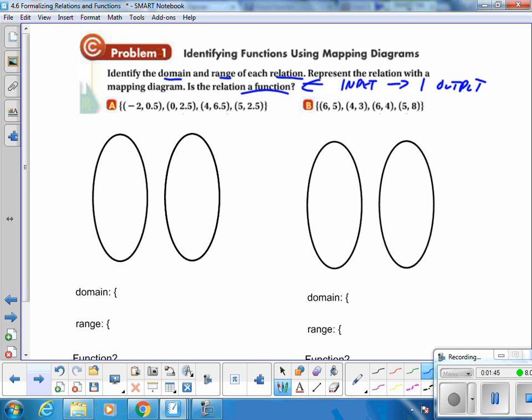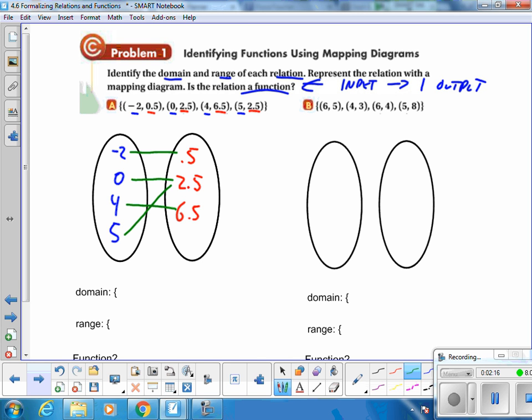So let's look at our first one, for A. My domains are -2, 0, 4, and 5. And my ranges are 0.5, 2.5, 6.5, and I already have 2.5. When I look at them, -2 goes to 0.5, 0 goes to 2.5, 4 goes to 6.5, and 5 goes to 2.5.